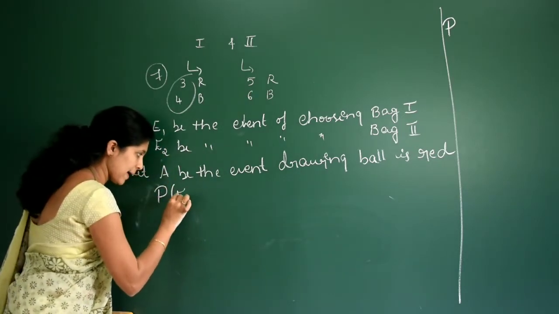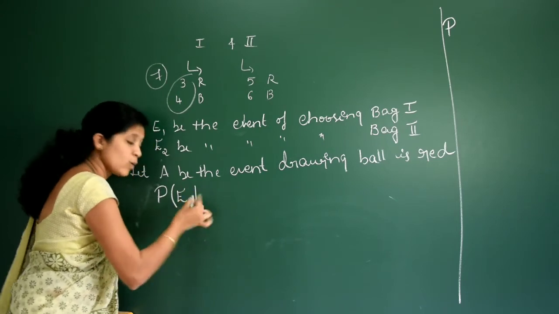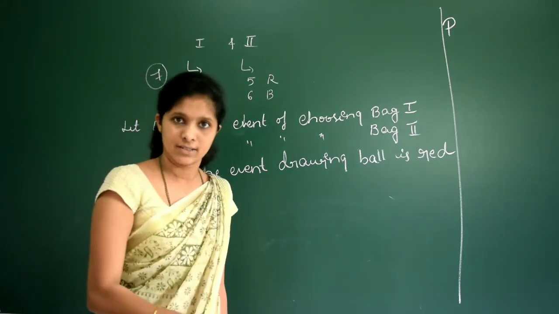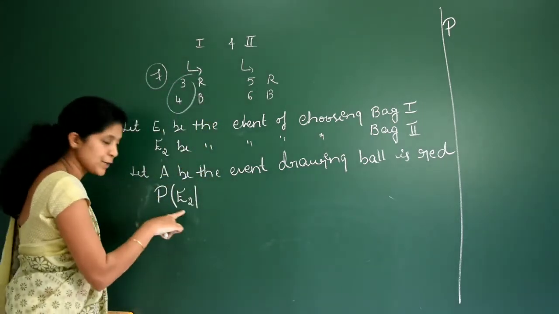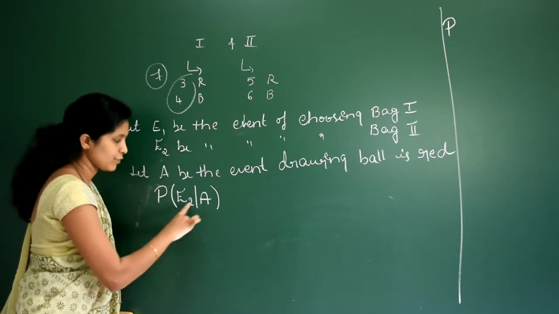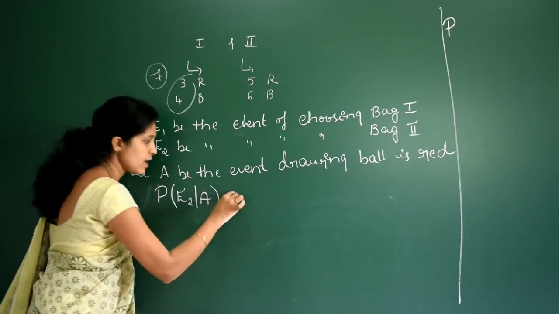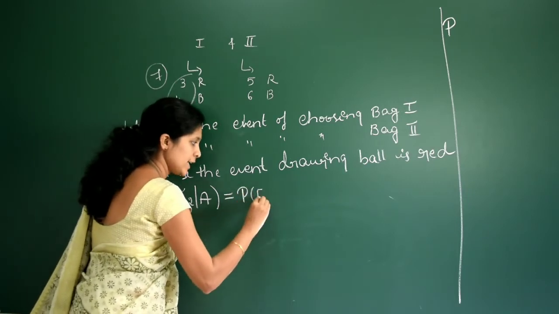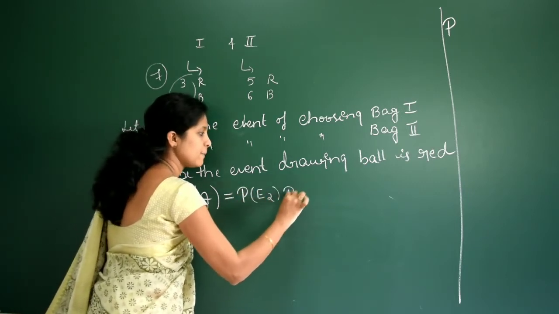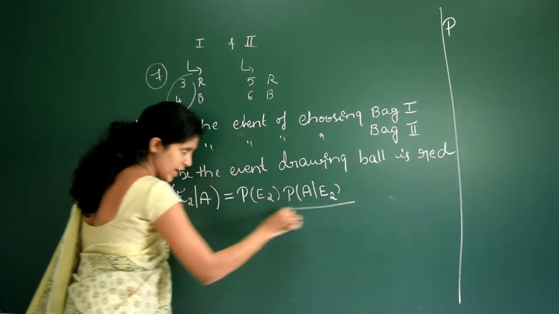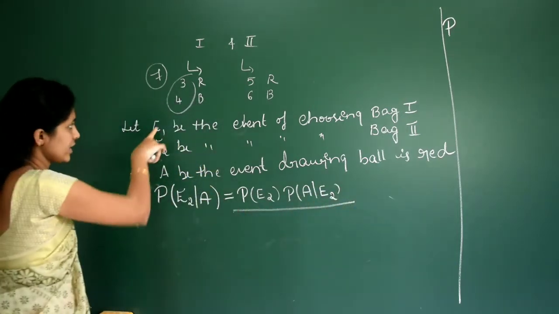You are finding the probability of E2, and one more thing is given, that the ball should be red. So we are finding the probability of E2 given that this is a red ball. Now probability of E2 by A. You can use the Bayes theorem formula. By using this, what can we write? Probability of E2 into probability of A by E2, divided by, there are 2 events, E1 and E2.